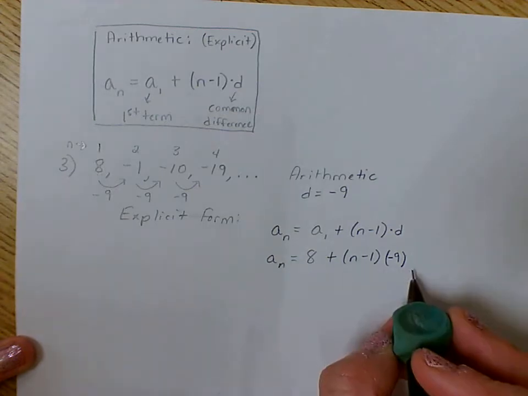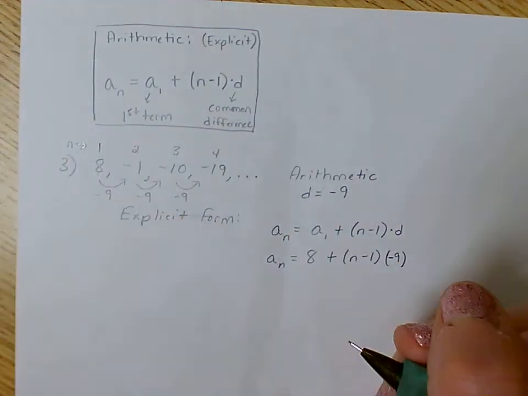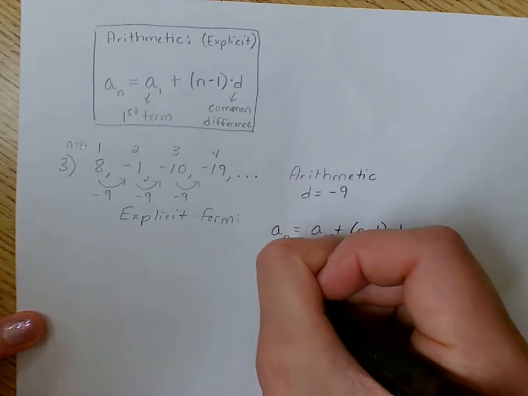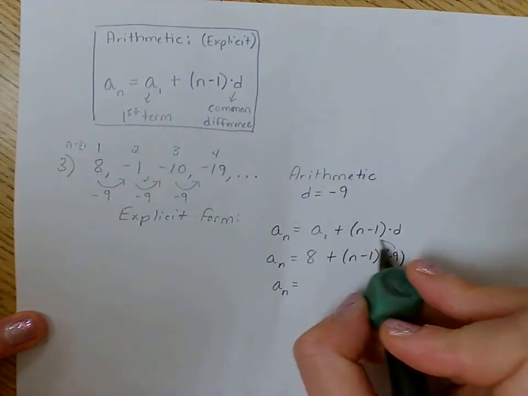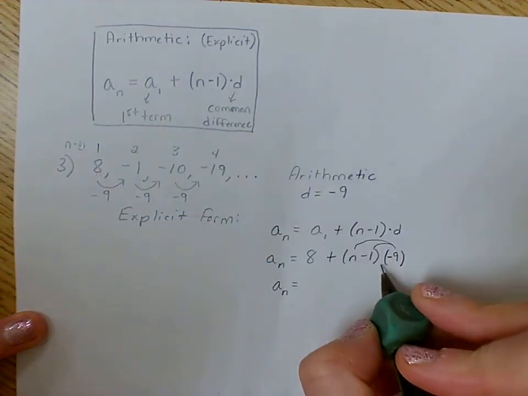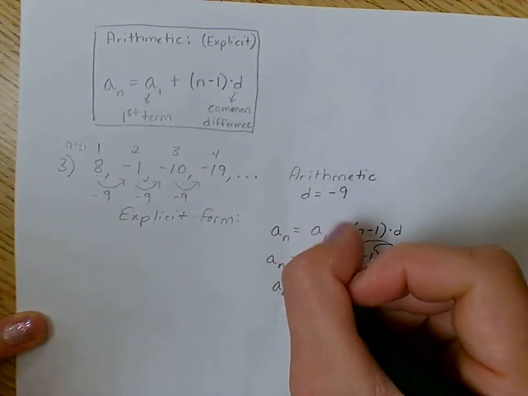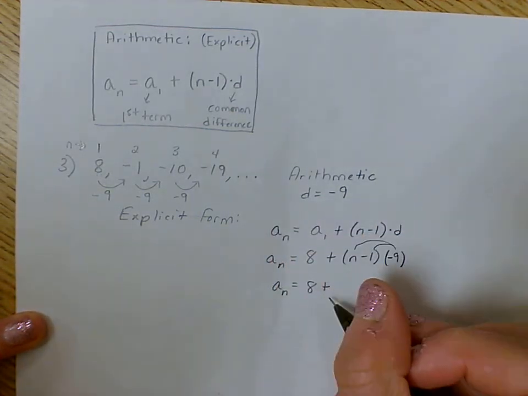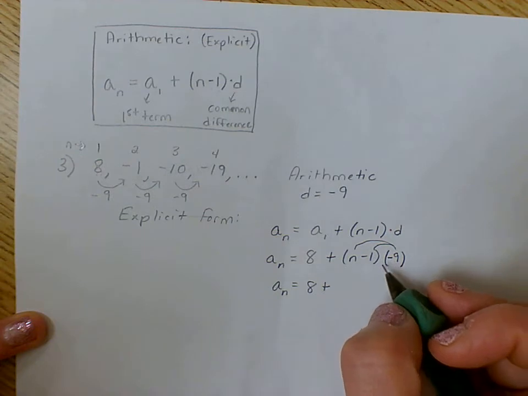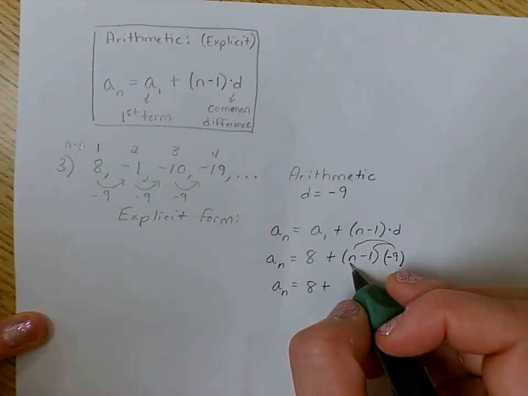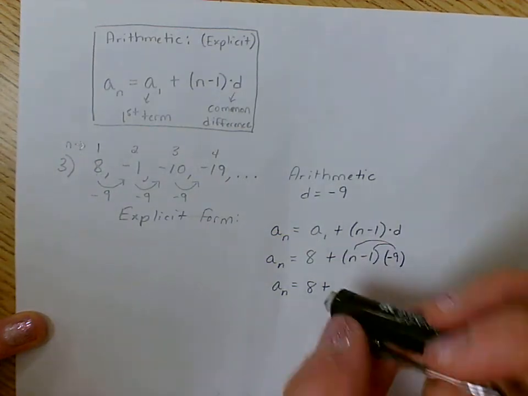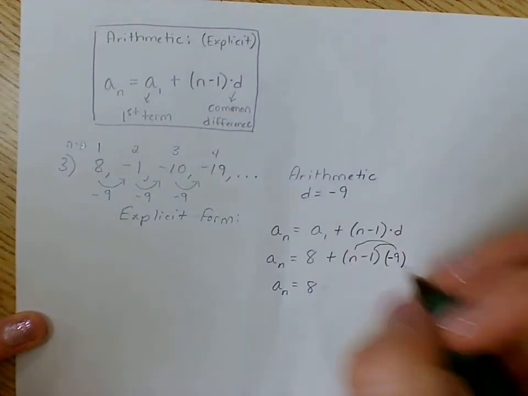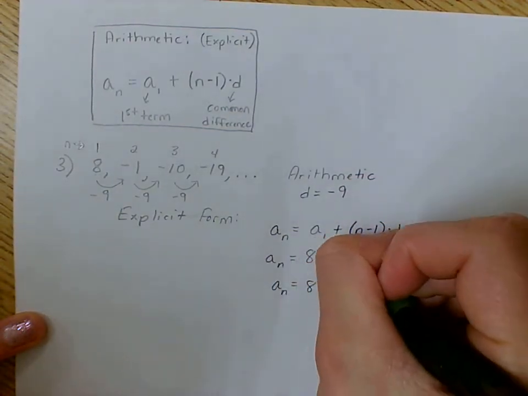So that's one way of writing it. But remember, I told you that we usually clean it up. So if I clean this up, I'm going to distribute my negative 9 because it's right beside this parenthesis, so I have to distribute it. So then this 8 and the plus will come down, and then let's see. Negative 9 times n ends up being negative 9n, so minus 9n.